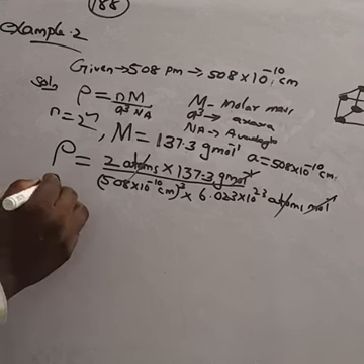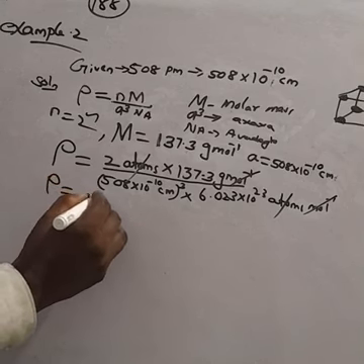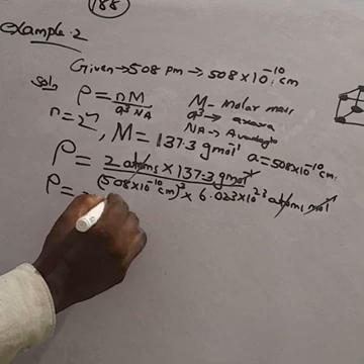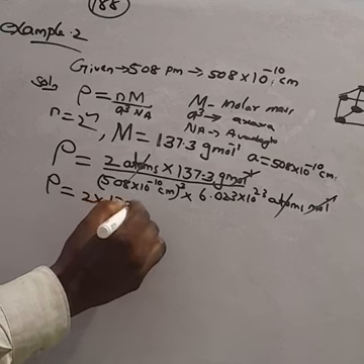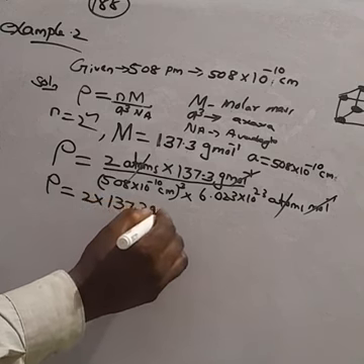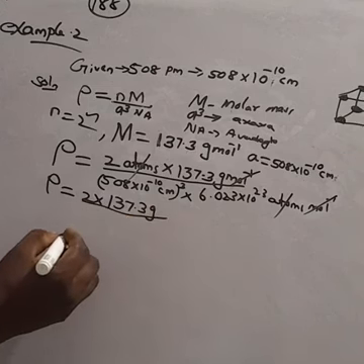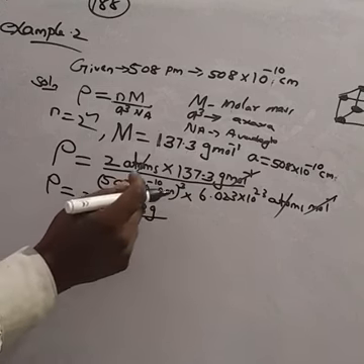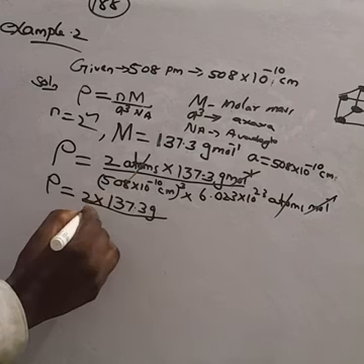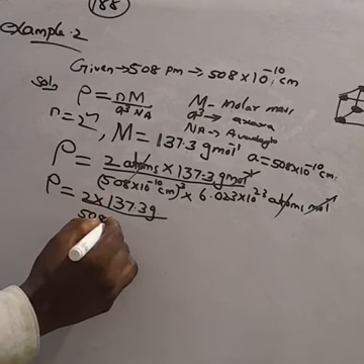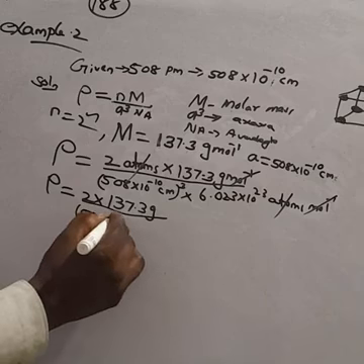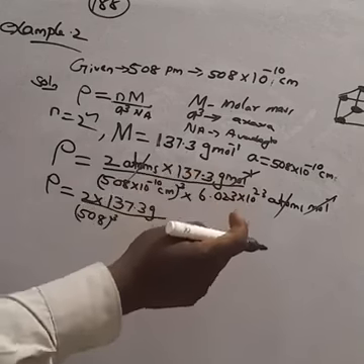Rho is equal to 2 into 137.3 gram divided by 508 cube. I am taking this 10 raised to minus 10 outside.